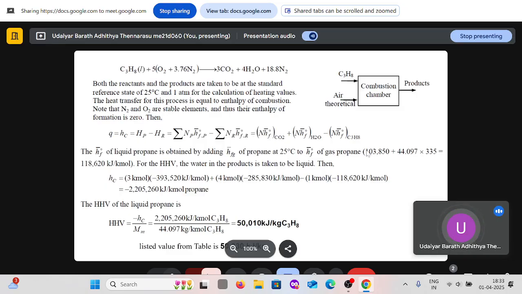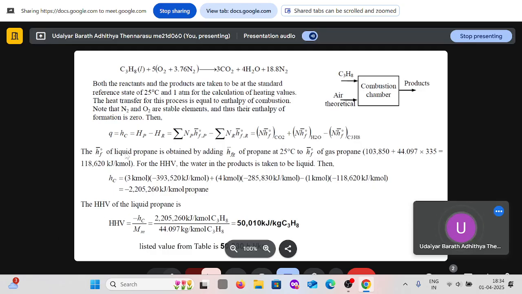So this is how the expression will look. Since nitrogen and oxygen have enthalpy of formation of 0, the equation reduces to Q equals N times enthalpy of formation of CO2 plus moles of water times enthalpy of formation of water minus moles of propane times enthalpy of formation of propane.